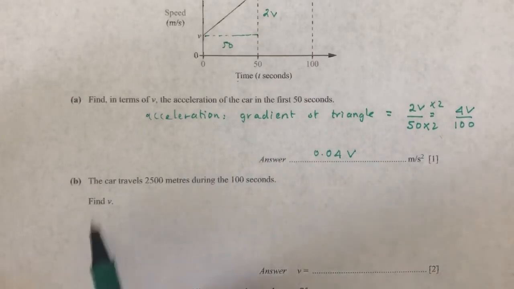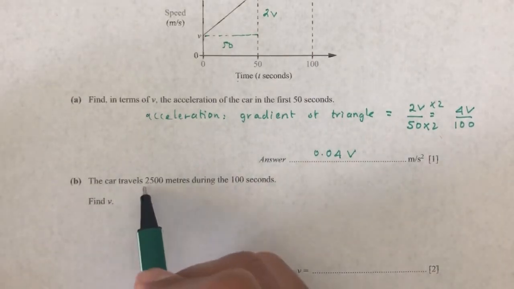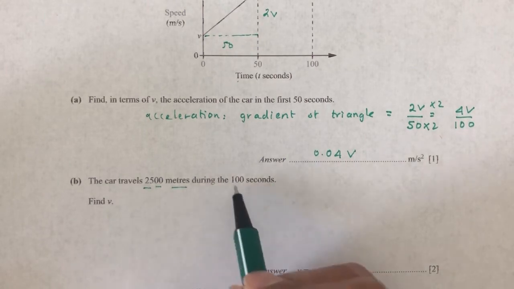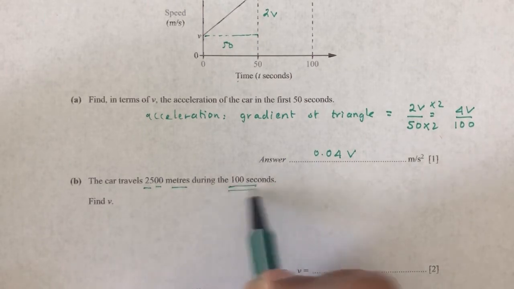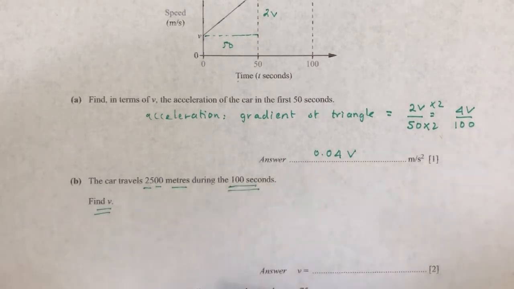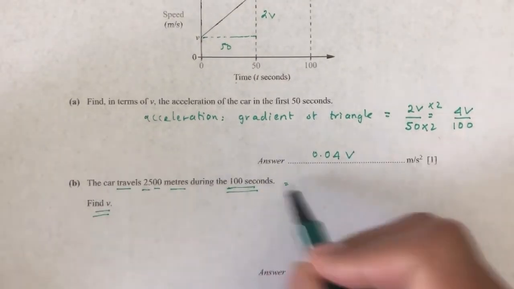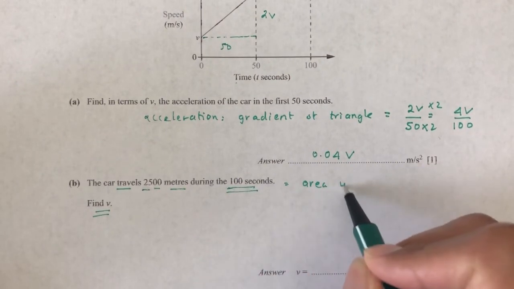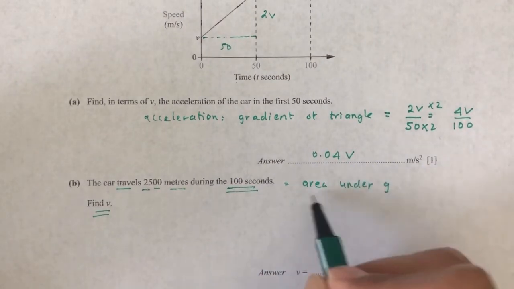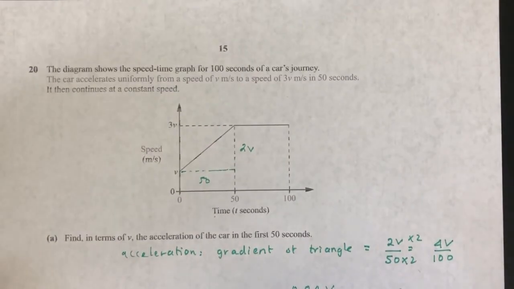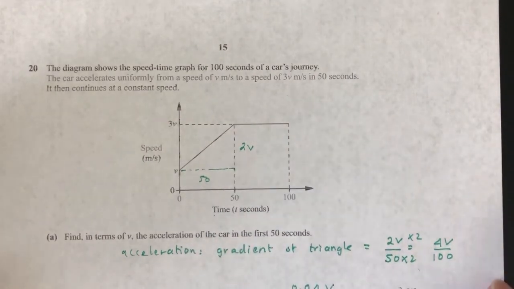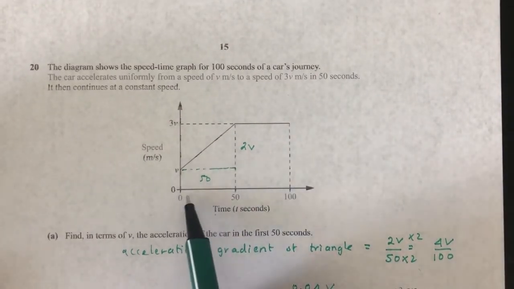So now the car travels 2,500 meters during the 100 seconds. Find the value of v. So which means that the distance traveled is equal to area on the graph. So let's find that. So we observe the area on the graph is the area of a trapezium. So what is the size of this length?